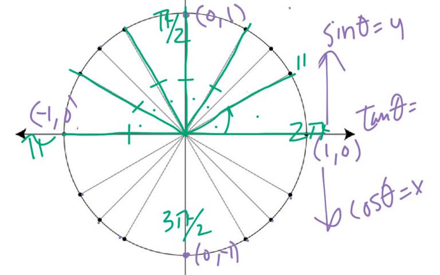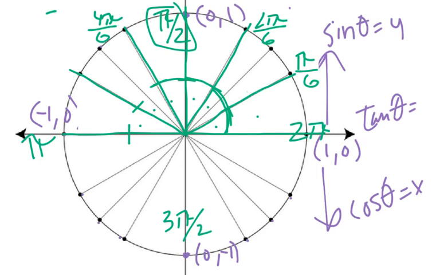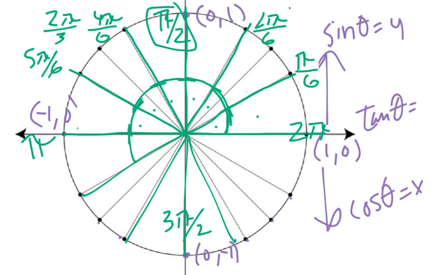So it would be pi over 6. If we go to 2 sections, 2 pi over 6. 3 sections, 3 pi over 6, which turns into pi over 2. 4 sections, 4 pi over 6, which reduces to 2 pi over 3. And then 5 pi over 6. And finally, 180 degrees would be 6 pi over 6. So we can keep going with 30 more each time.